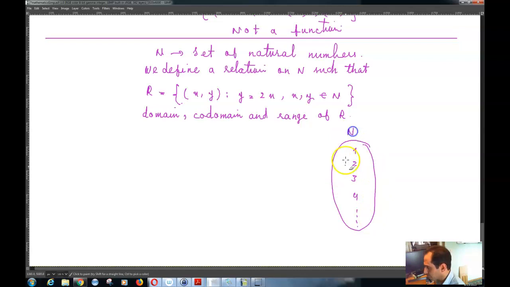This is the set of natural numbers. And this relation goes from N to N. So you have 1, 2, 3, 4, and so on again. So this is again the set N.